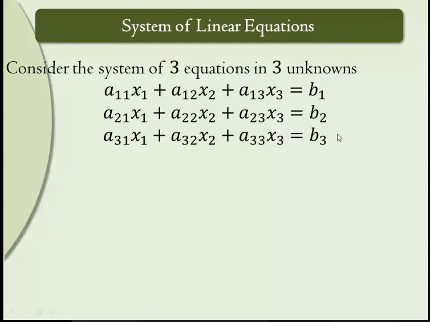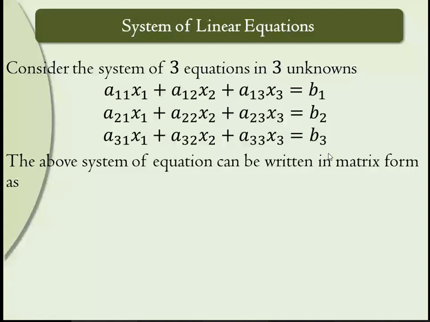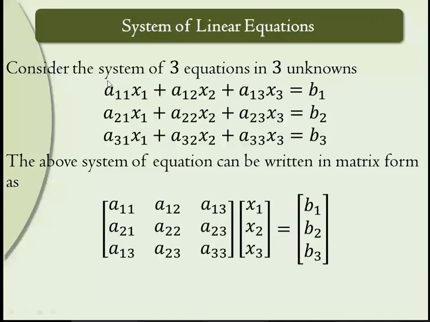Now there is one simple way in which we can represent this system, and that is the matrix form. Take the first column as coefficients of x1: a11, a21, a31.